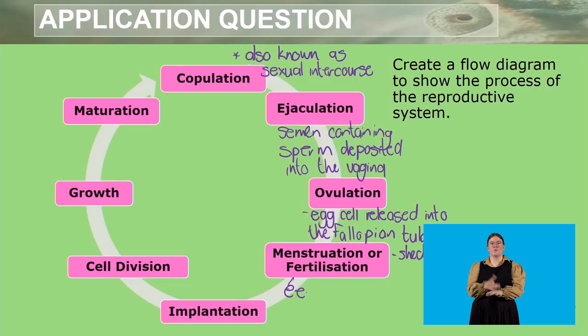It is because a lining from the uterus is basically pulling, and that is what's seen as blood during the menstrual period. And then fertilization, we know that an egg cell fuses with a sperm cell.